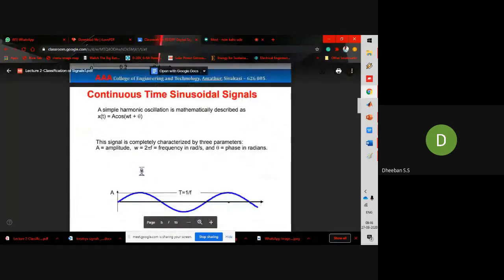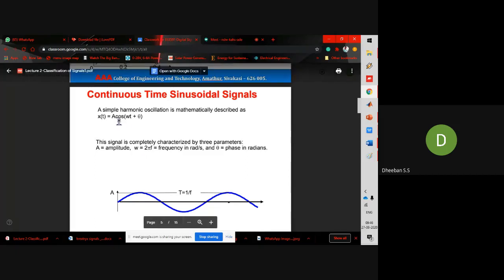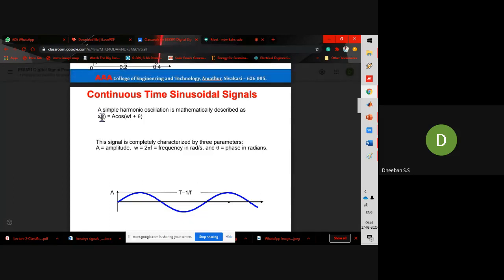So this is your continuous signal. Here they are saying that a simple harmonic oscillation is mathematically represented, and they are giving an example: x of t is equal to A cos(omega t plus theta).